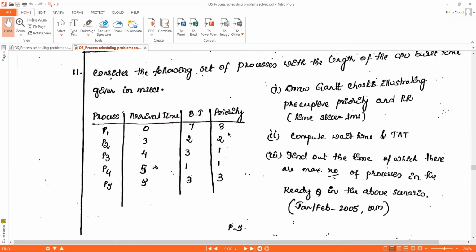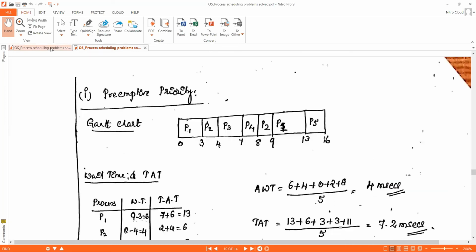Process 1's priority is 3, so process 2's priority is higher than process 1. So process 1 will be preempted from the CPU, and process 2 will be allocated the CPU. Process 2 arrived at clock time 3, so from clock time 3 process 2 will start executing.